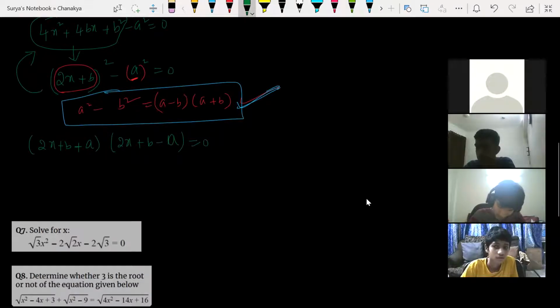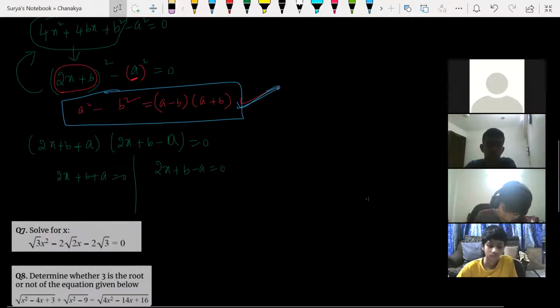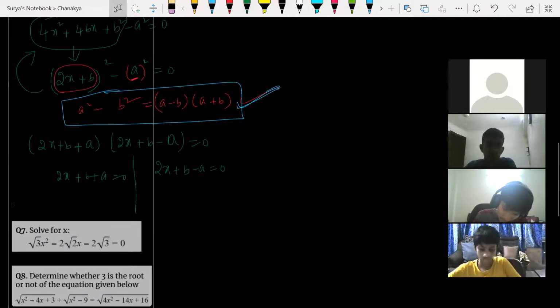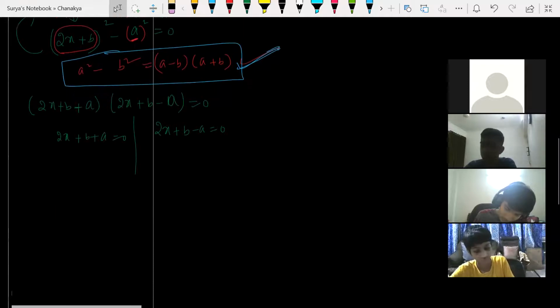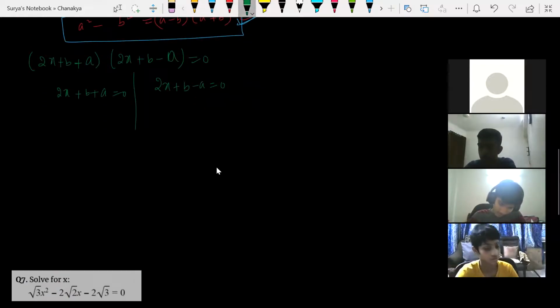So look at this here. Now 2x plus b plus a is equal to 0, or 2x plus b minus a is equal to 0. So what I'm going to get now? Tell me. 2x is equal to minus b minus a.